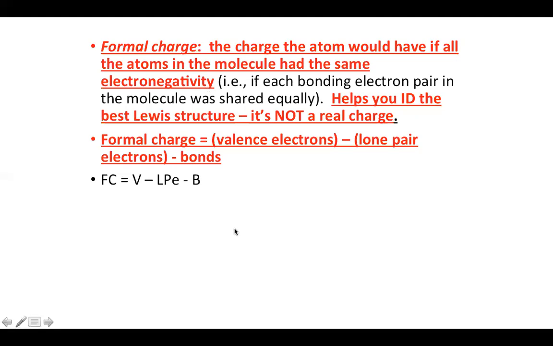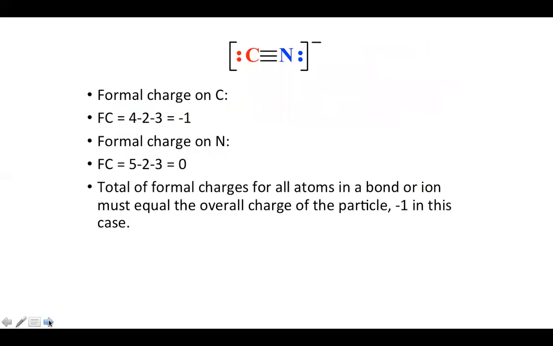That means if there's a bond between a carbon and say an oxygen atom, we're going to treat it as if those two electrons between that carbon and oxygen are shared equally. So carbon would get one of those electrons and oxygen would get the other electron for the calculations of formal charge.